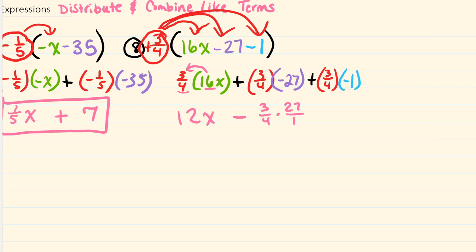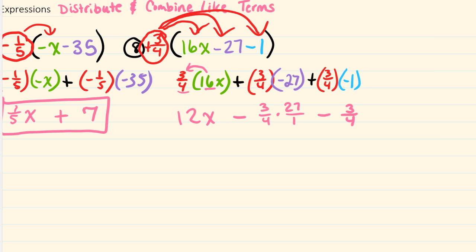Okay, now the last term over here. I got a positive times a negative again. Instead of writing plus my negative answer, I'm just going to write minus. And anything times 1 is itself, so that'll be 3/4. Okay, first term's easy.